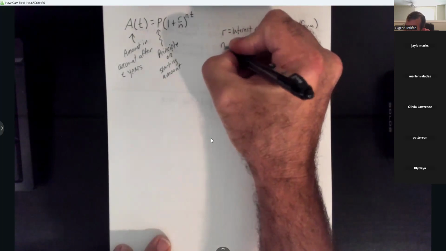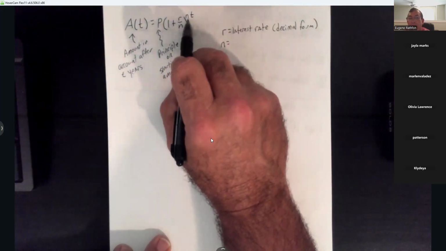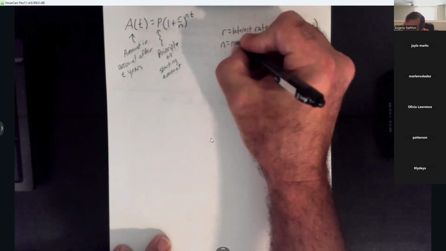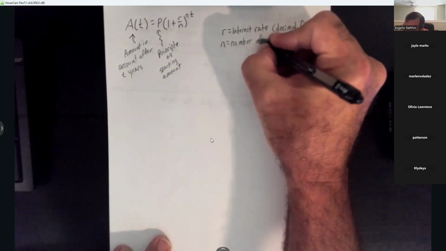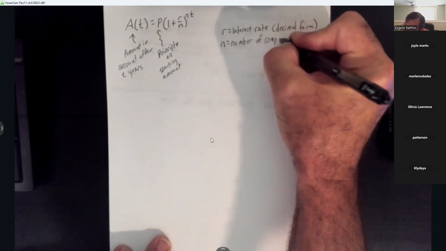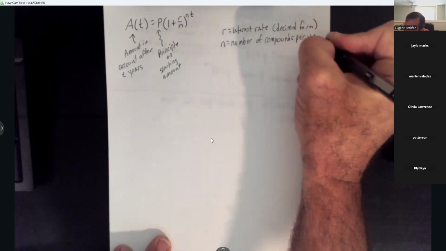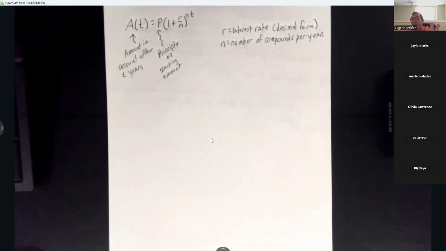N. You see N here, and N is up here as an exponent. N is the number of compounds per year. That's how many times they apply the interest to your money. Okay.